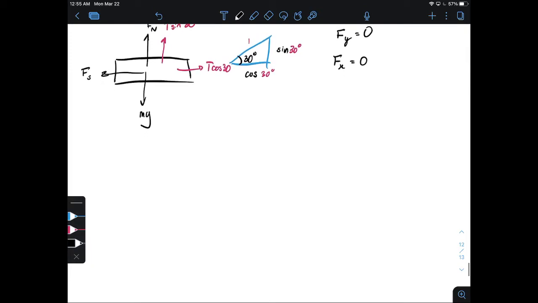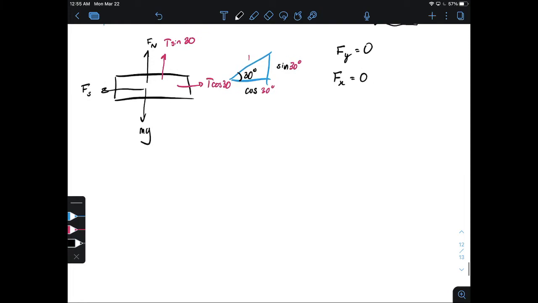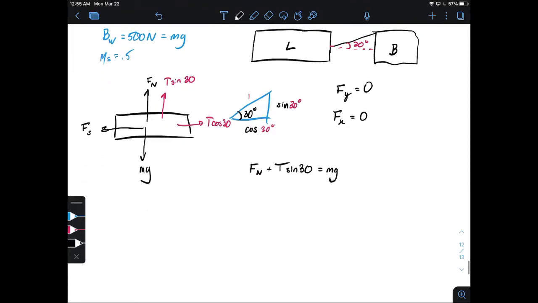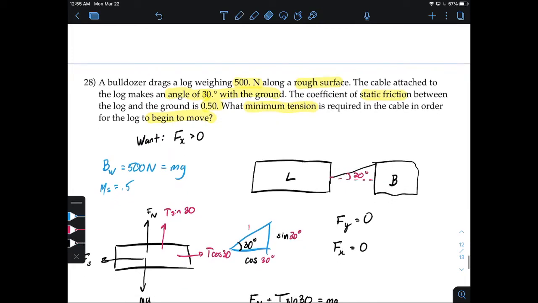So let's start doing some equations. This is one of my favorite things in the entire world. We're going to say that F sub n, our normal force or contact force, plus T sine 30 is equal to mg. Now, we know that mg is equal to 500 newtons, because this is the weight of the log, not the bulldozer.